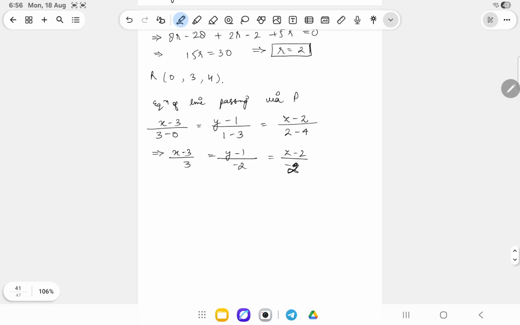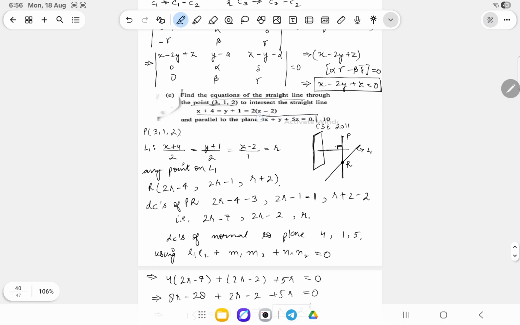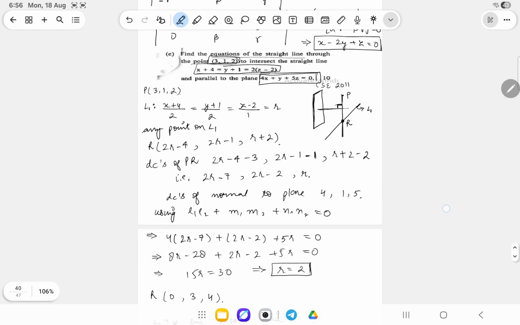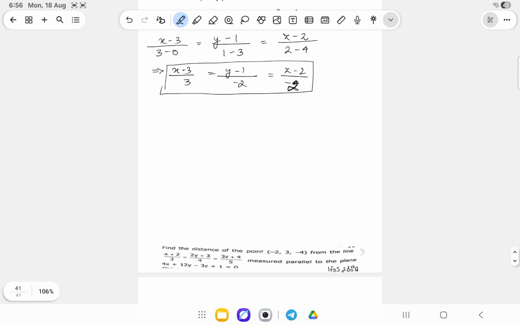I can just multiply by a negative sign, or I can just leave it here. So this is the equation of the line which is passing via the given point and parallel to this plane, also intersecting this line. That's all they have asked in this question.